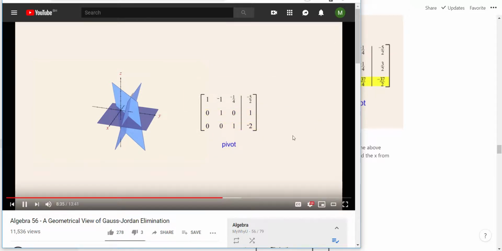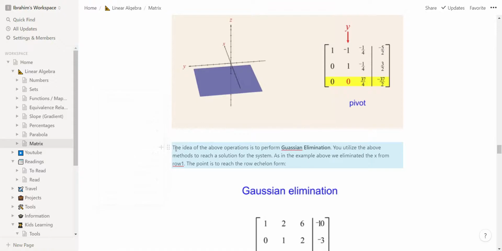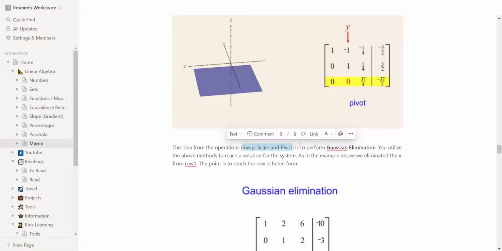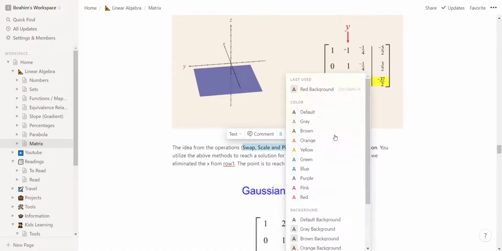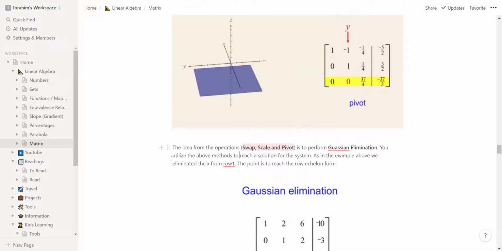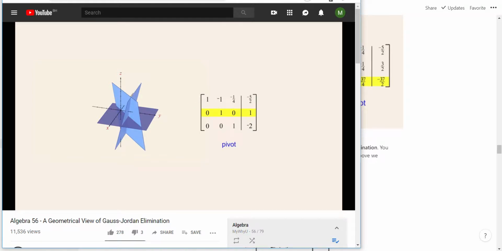Since this pivot operation added a multiple of row 3 to row 2, the change to row 2 causes plane 2 to rotate around its line of intersection with plane 3.